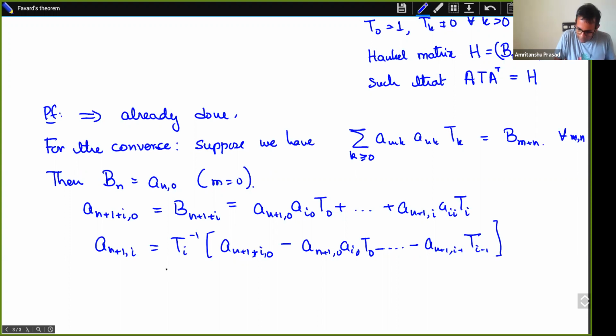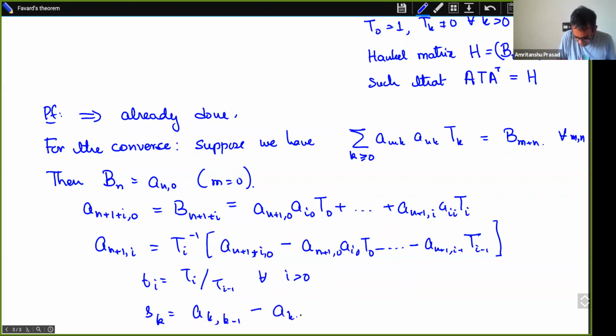So Ti will be Ti by Ti minus 1 for all i greater than 0. And Sk will be A_(k plus 1, k) minus A_(k, k minus 1).